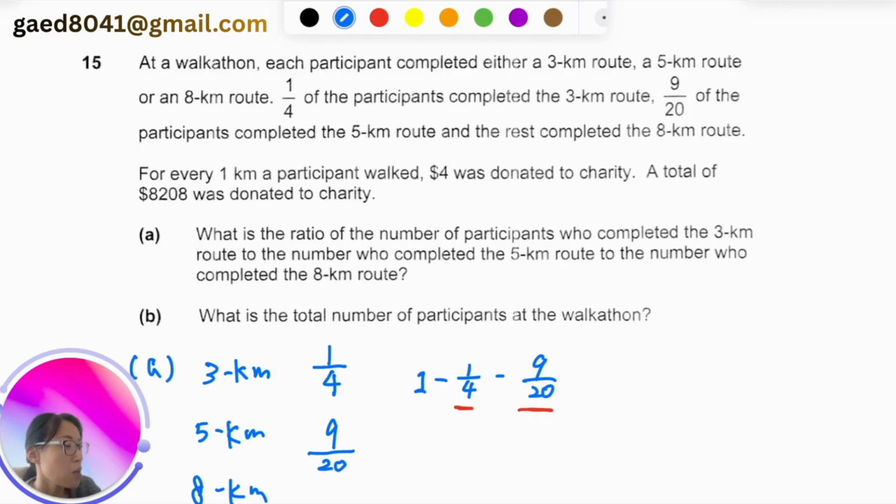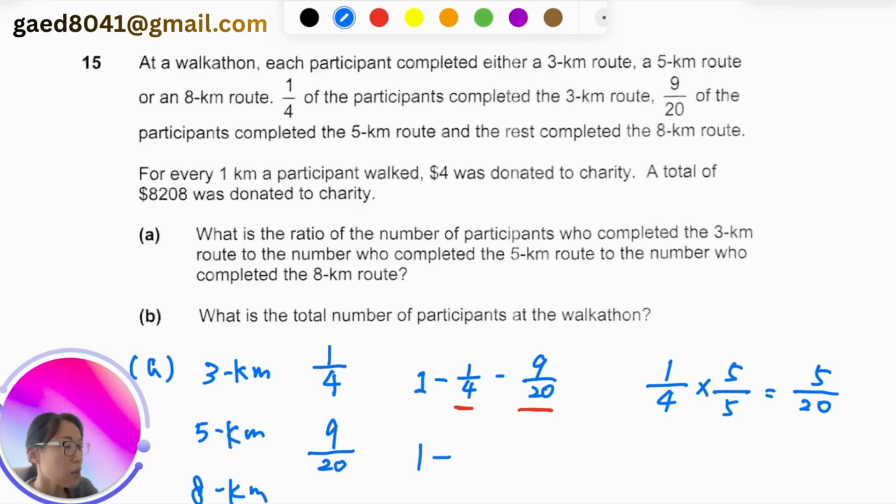So what can we do? We can multiply 1/4 by 5, which means we multiply 5 on the numerator and the denominator respectively. Then 1/4 becomes 5/20.